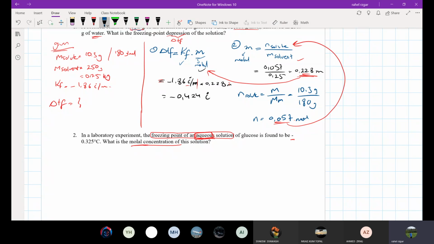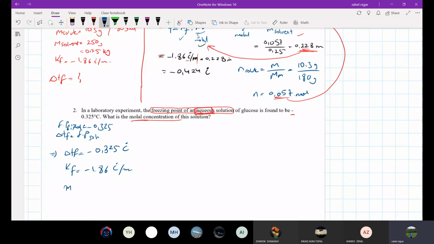For water, you know delta TF is equal to the freezing point of the solution final, which is equal to minus 0.325. Then delta TF is also equal to minus 0.325 Celsius. We know KF for water. KF is minus 1.86 Celsius per molar.